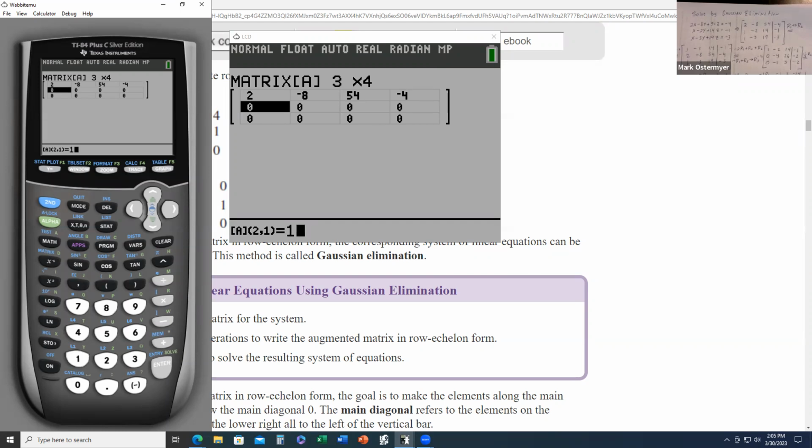Second equation is 1, -2, 14, -1. Third equation goes in as 1, -3, 19, -3. Now, ladies and gentlemen, we have our system entered in the form of a 3x4 augmented matrix.